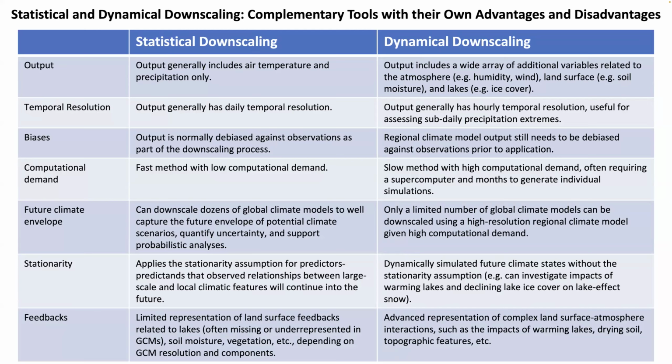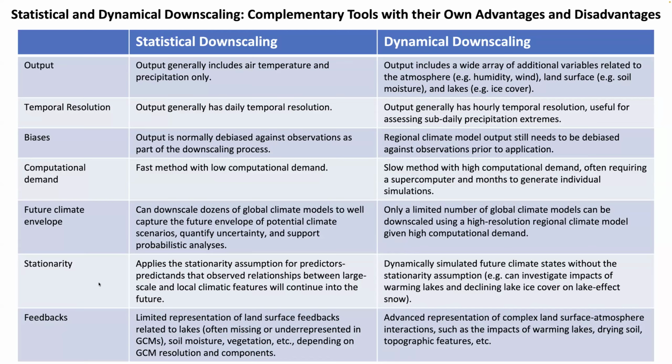Because dynamical downscaling is expensive to run these RCMs, you can only do a limited number of these global climate model downscalings. And you basically get the high spatial resolution, but you can't do as many downscalings because of it.